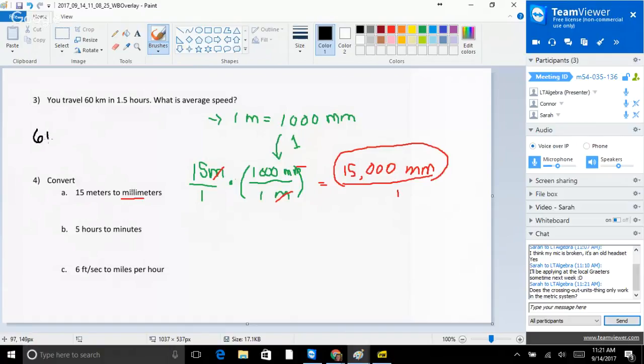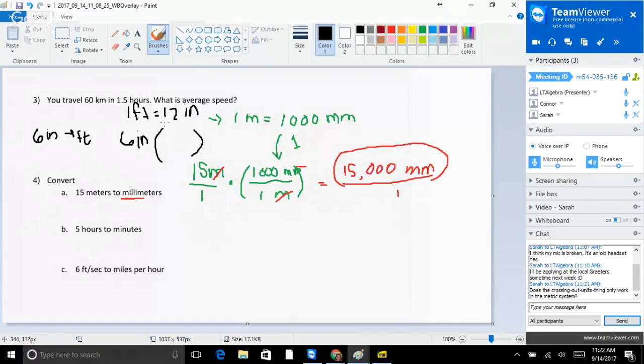And you guys know the answer to this: 6 inches to feet. So what you would do is you would say I have 6 inches, right? And then what would my unit multiplier be? Well, I know that 1 foot is 12 inches.